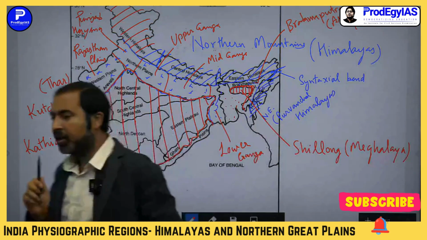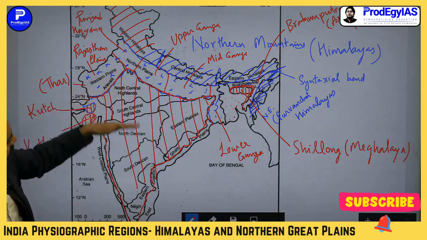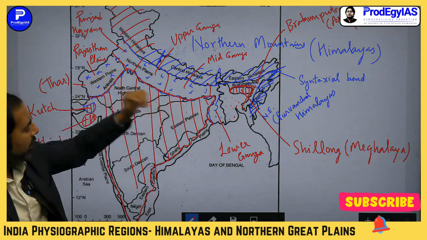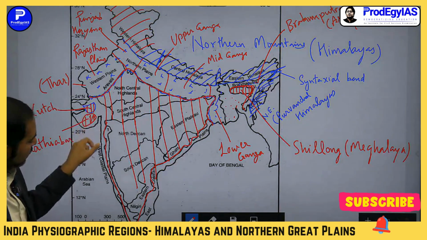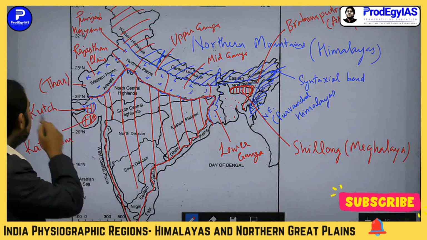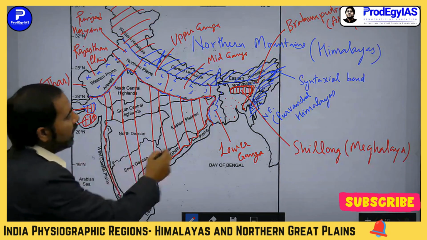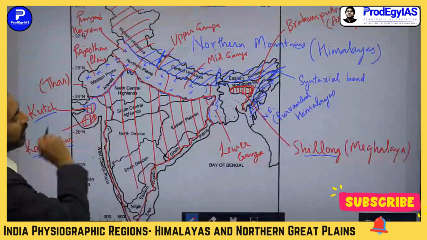Means this peninsular plateau part includes all the area south of Great Plains, and its boundary is made by the western and eastern coastal plains, right? And it also includes the Kutch and Kathiawar Peninsula and Shillong Plateau.